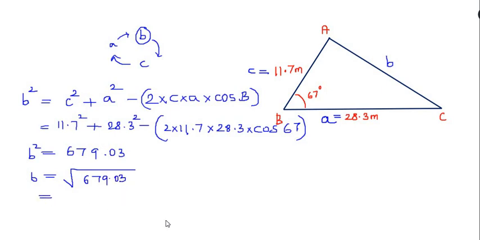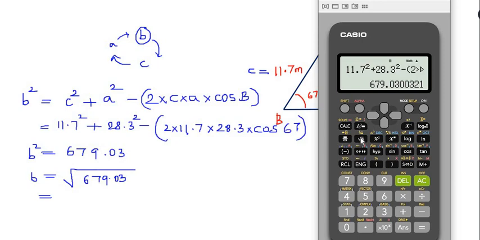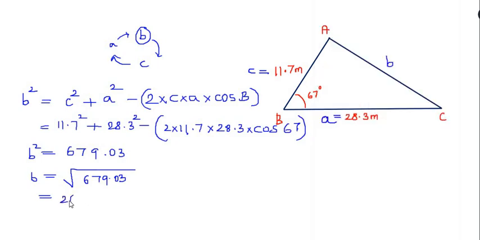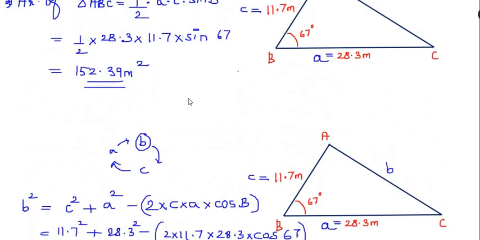So let us see how much we get. 26.058, or we can round it as 26.06 meters. And since b is nothing but the side length AC, we write AC is equal to b is equal to 26.06 meters. This is how we calculate the side length using the cosine rule.